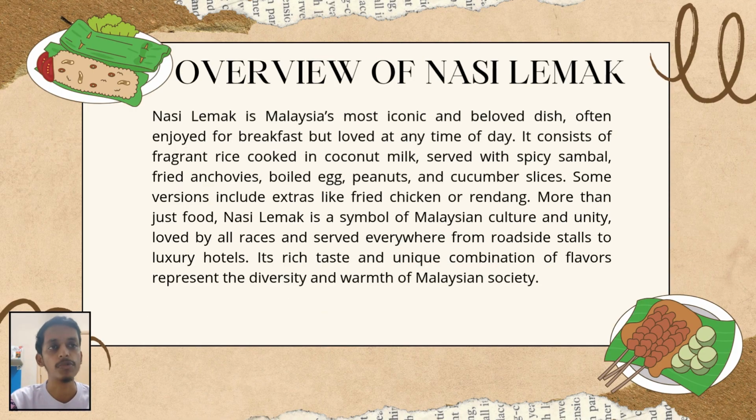Next, we are looking at the overview of the food that we are choosing, that is Nasi Lemak. So Nasi Lemak is Malaysia's most iconic and beloved dish, often enjoyed for breakfast but loved at any time of day. It consists of fragrant rice cooked in coconut milk, served with a spicy sambal, fried anchovies, boiled egg, peanuts, and cucumber slices.